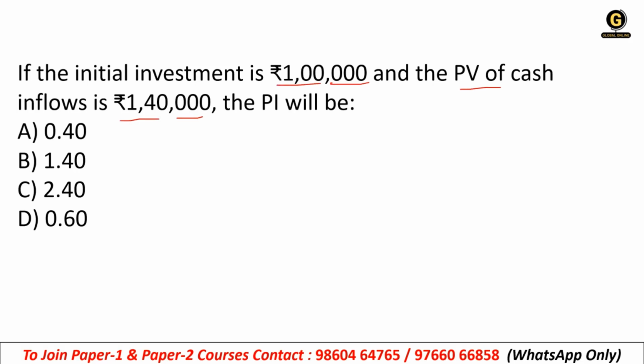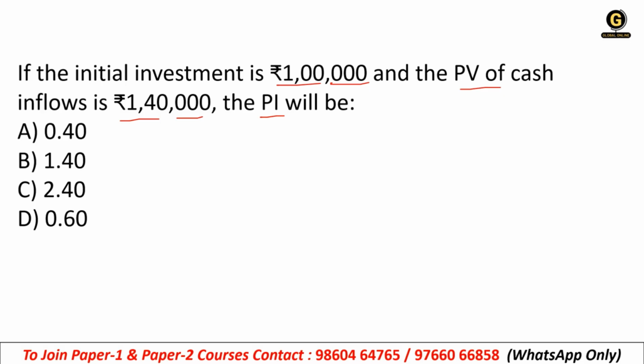Next question. If the initial investment is rupees 1 lakh and the PV of cash inflows is 1,40,000, the PI will be what? So we have just discussed the formula of PI. What is it? PV inflows divided by PV outflows. So the investment is 1 lakh and the PV of cash inflows is 1,40,000. The investment means outflow, right? Our cash is going out, getting it?